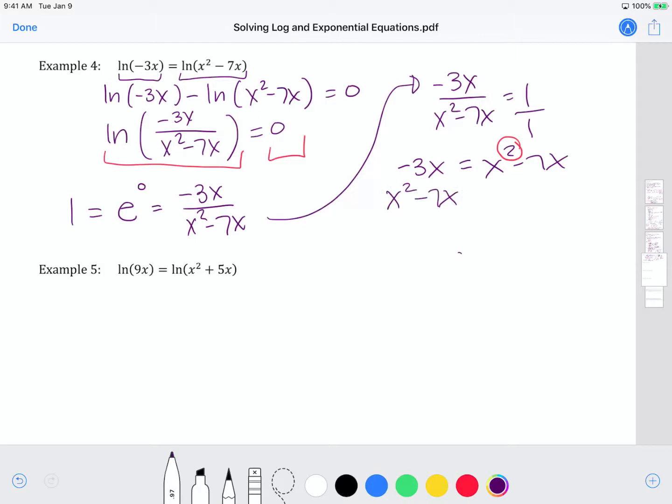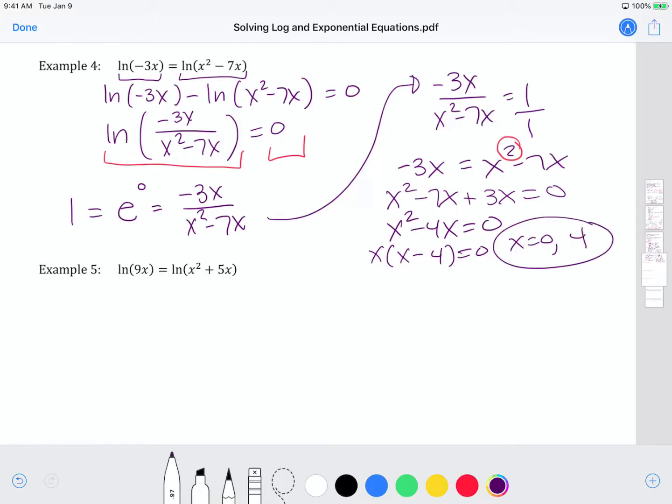I'm going to add 3x to both sides. I have x squared minus 4x is equal to 0 when I combine the negative 7x and the positive 3x. This factors very nicely. So x could be 0 or x could be 4.